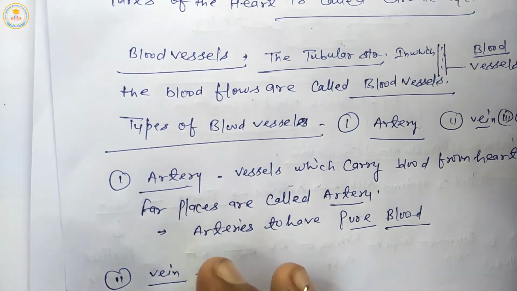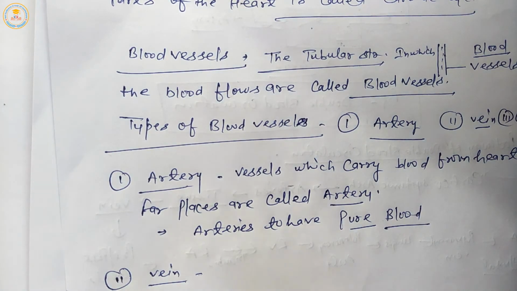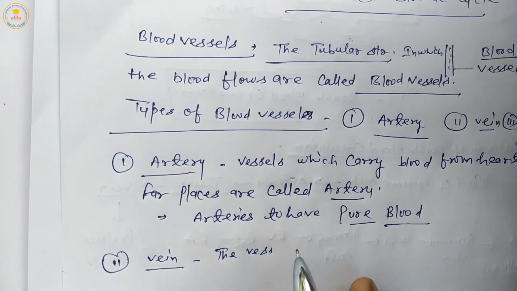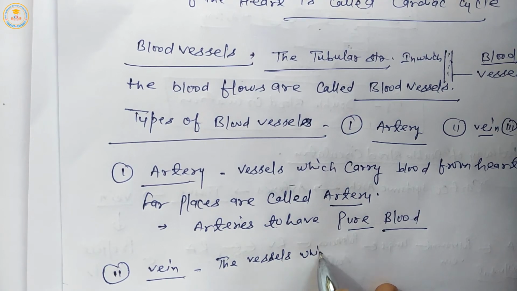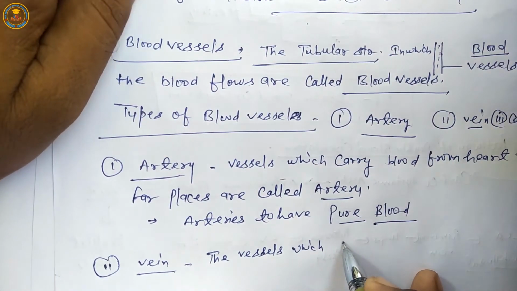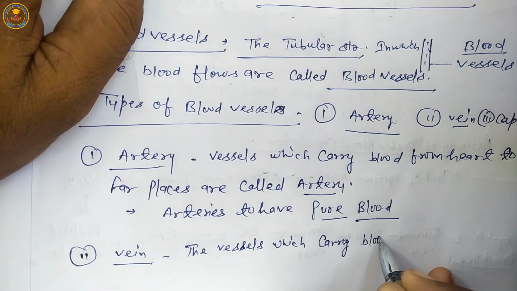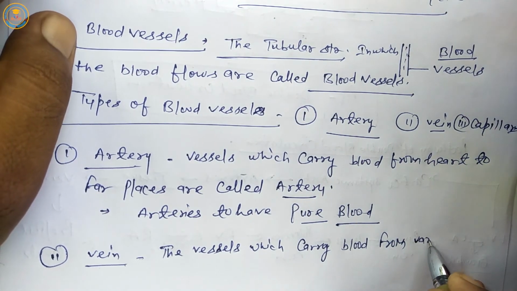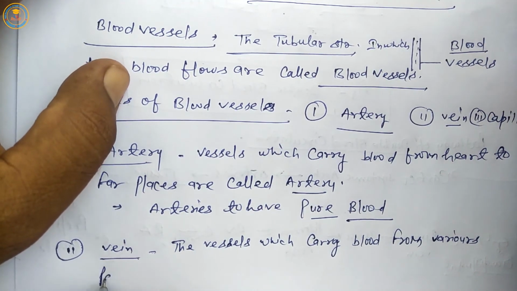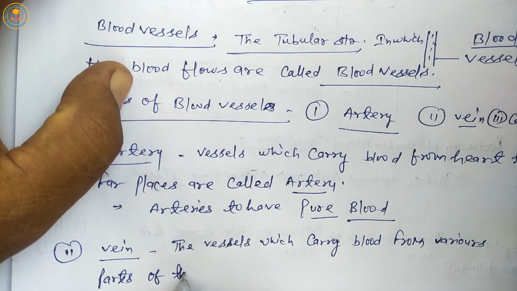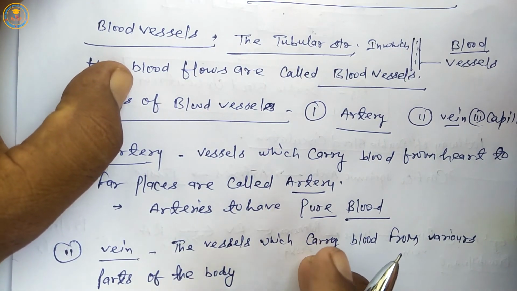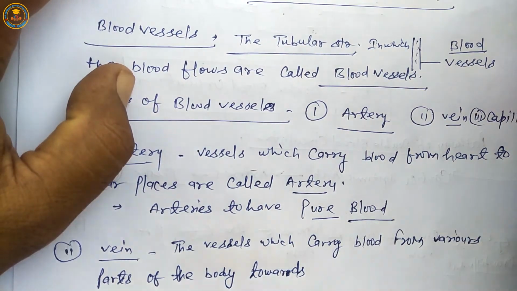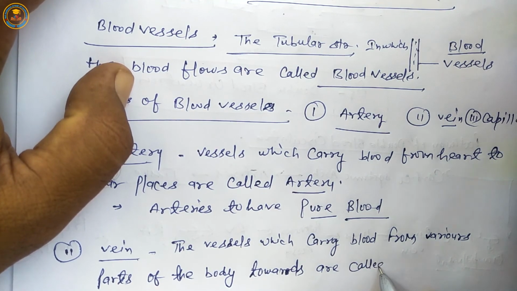Second is vein. Students, the vessels which carry blood from various parts of the body towards the heart are called veins.